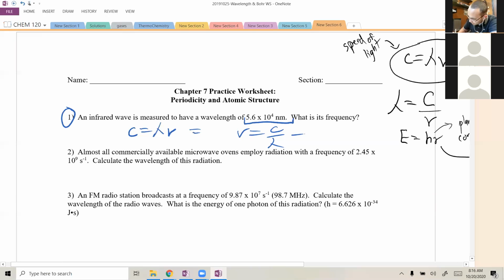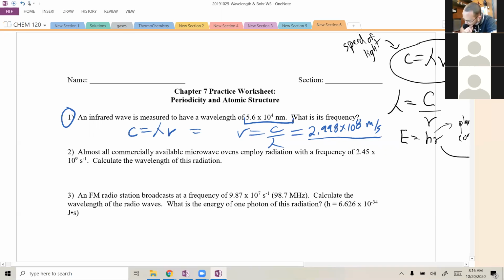Now, what value do we have for the speed of light? 2.998 times 10 to the 8. And the units for that? Meters per second, right?